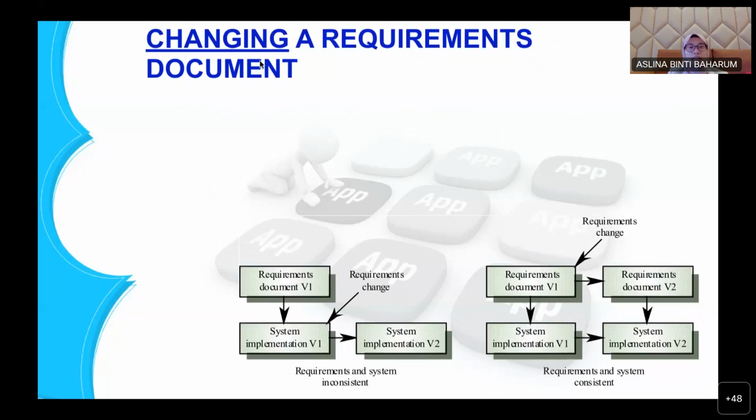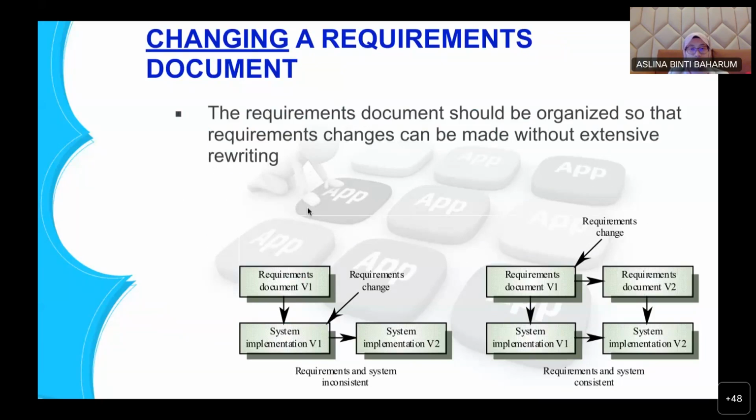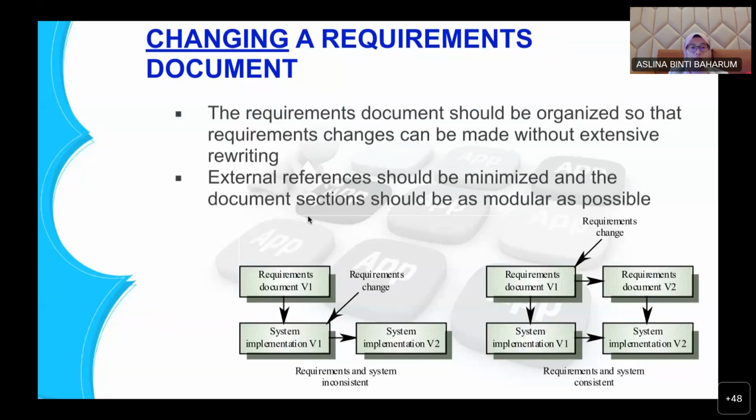Changing a requirements document should be organized so that requirement changes can be made without extensive rewriting. External references should be minimized and the document sections should be as modular as possible. Requirement and system inconsistent. Changes are easiest when the document is electronic.